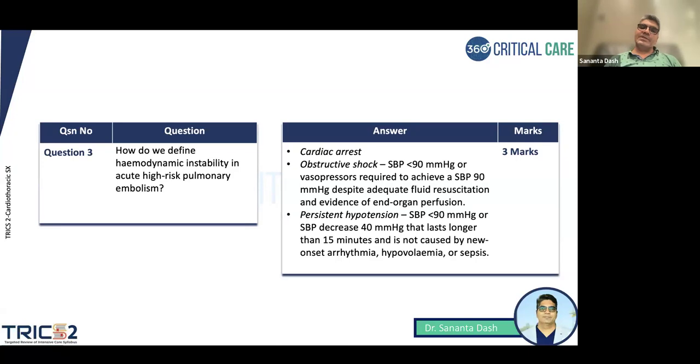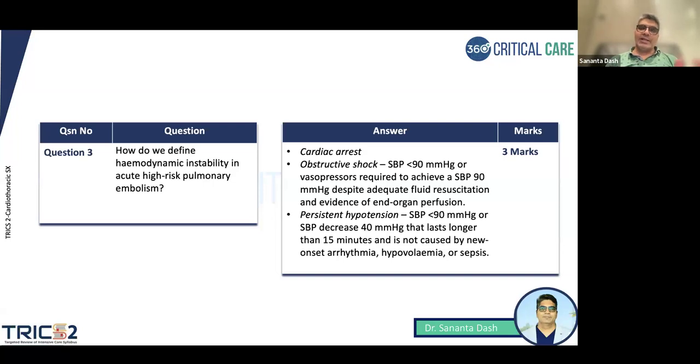Or the patient has persistent hypotension with a systolic blood pressure of less than 90, or a systolic blood pressure that has decreased by more than 40 millimeters of mercury, which lasted for 15 minutes and is not caused by new onset arrhythmia, hypovolemia, or sepsis. So this is the complete definition of shock associated with pulmonary embolism, or definition of hemodynamic instability.